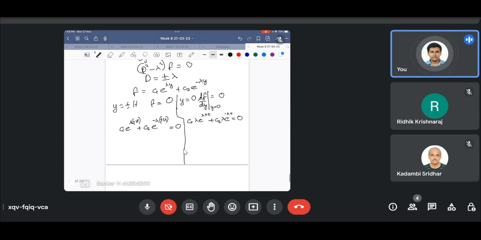Therefore, from equation 1, I'll get c1 e raised to plus or minus lambda h plus c2 e raised to minus or plus lambda h should be equal to 0, and here I'll get c1 plus c2 equal to 0, or lambda c, it doesn't matter, lambda will anyway go away.